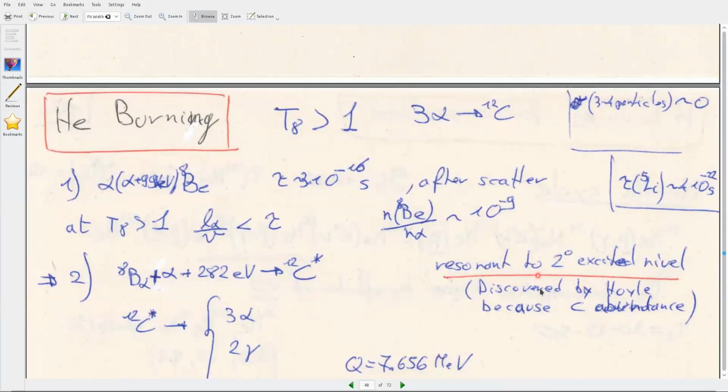In fact, this was discovered essentially because if there were not this resonance, there would not be so much carbon abundance, so also not possible so easily life based on carbon. There is not so much carbon in the universe.